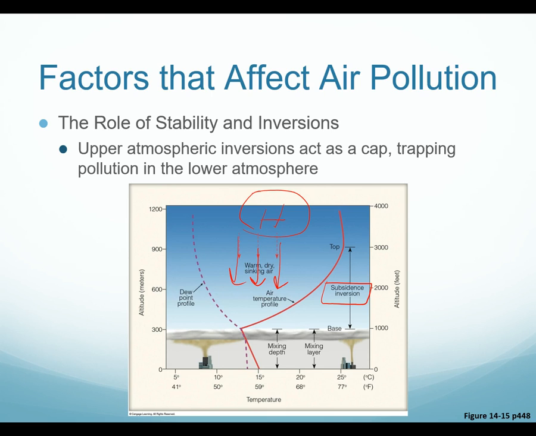And so you have air that is subsiding or sinking. So that's why it's called a subsidence inversion. Often when that happens, you get warm, dry air sitting on top, pushing the cold air down on bottom, and so you end up with an inversion. So it's hotter above and cooler beneath.